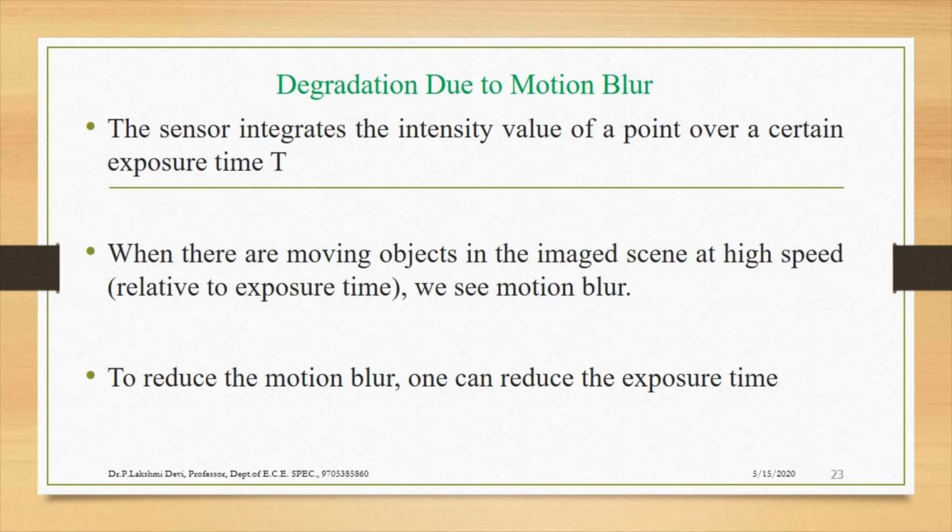Whenever moving objects, moving scenes or a moving camera are there, there is a chance of some blurriness appearing, which we can observe due to this motion blur. This is an example of a motion blur here. The original image is the first image, and the second image is the result of blurring using this particular equation, that is due to motion blur.